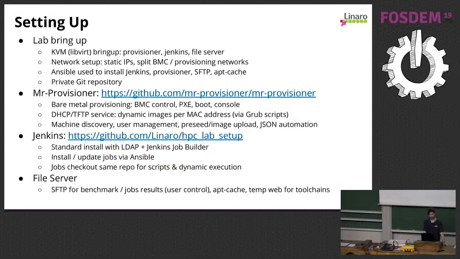And we have the other main network, the provisioning one. Of course, on both of those networks we run DHCP. This DHCP is hooked up to the Mr. Provisioner so that they talk to each other.